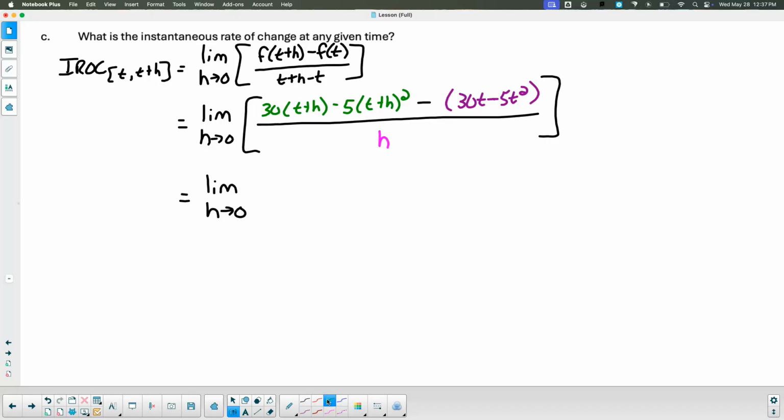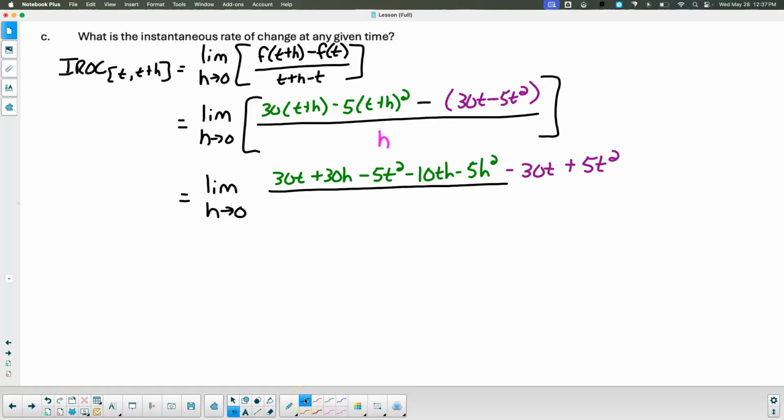So we've got 30t plus 30h minus 5t squared minus 10th minus 5h squared. Then we've got minus 30t plus 5t squared, all of that still over h.